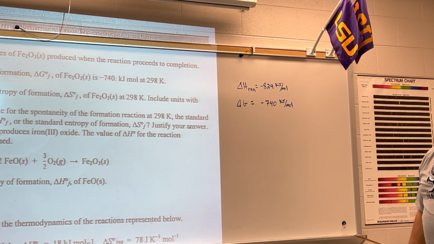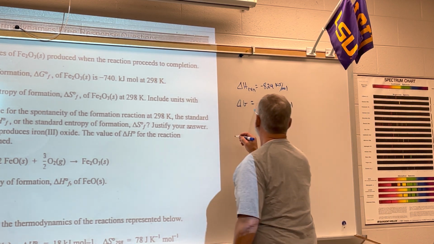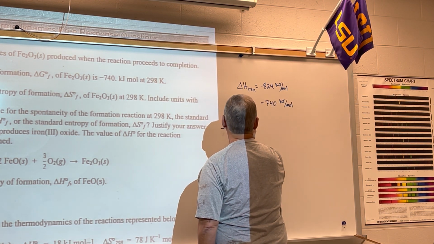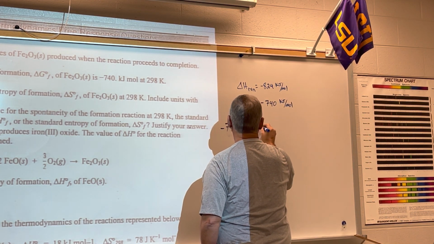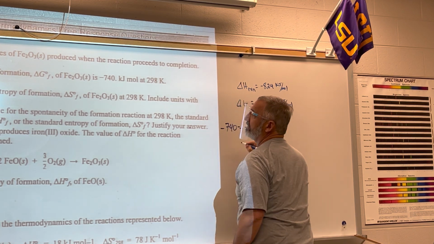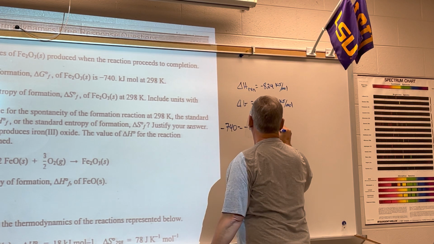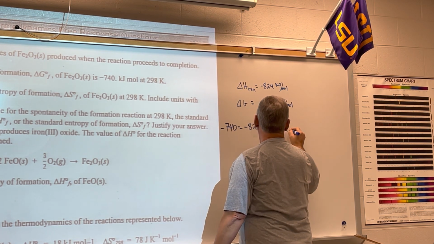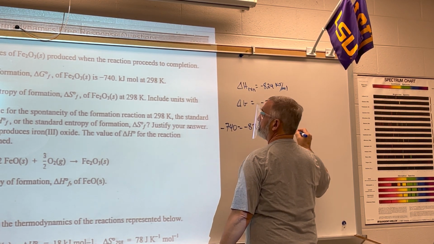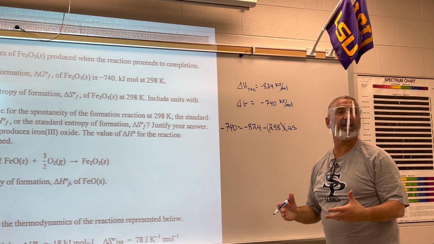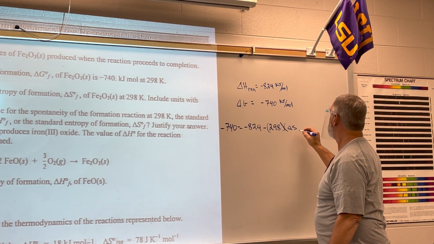Delta G equals delta H minus temperature times delta S. So negative 740 is going to equal negative 824 minus temperature, and we're at 298 because it's standard, times delta S. And again, it's a formation reaction, so it's delta S of the reaction.